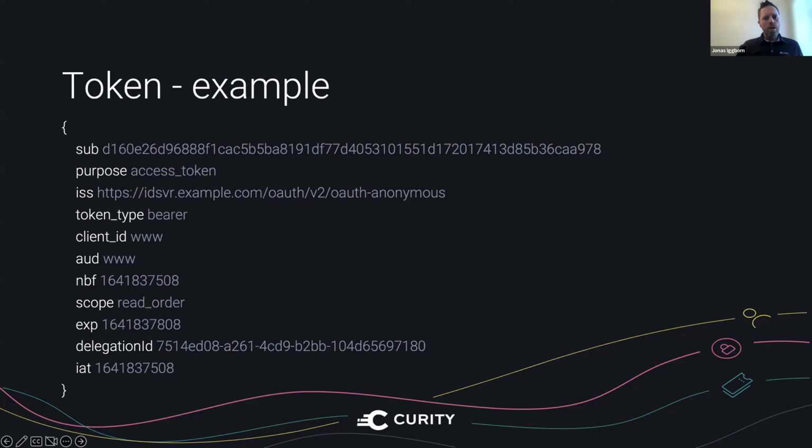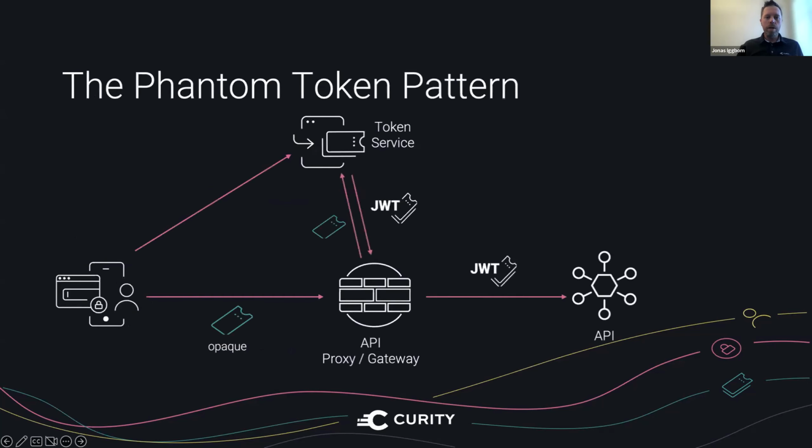And a lot of the data in a token, if we think about populating this token with information about the user, could be PII information. So we don't really want that information to be available externally or publicly, right? If we look at an architecture like this, we can leverage something called the phantom token pattern. The idea here is that the token service externally to the application issues an opaque token, one of those reference tokens.